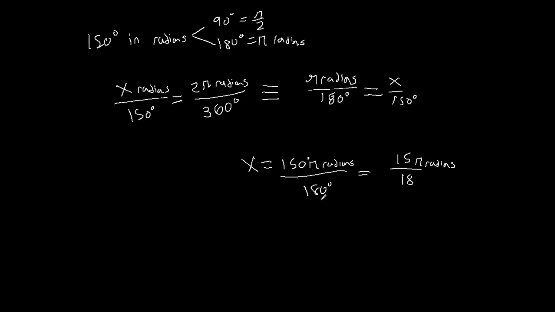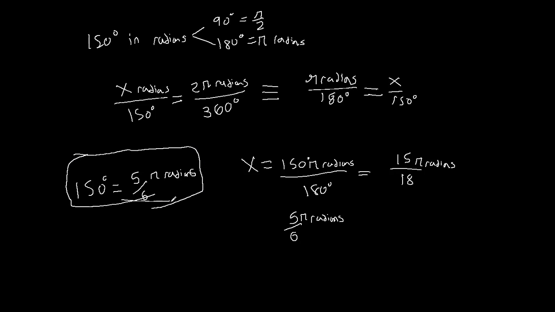So 15 over 18, we can divide both of those by 3, and we get 5 over 6 pi radians. Right, we can't divide this any farther, 5 is a prime number, so there's no way we could do any more reduction here. So the answer to this equation, 150 degrees is equal to 5 over 6 pi radians. Okay, this is our answer.